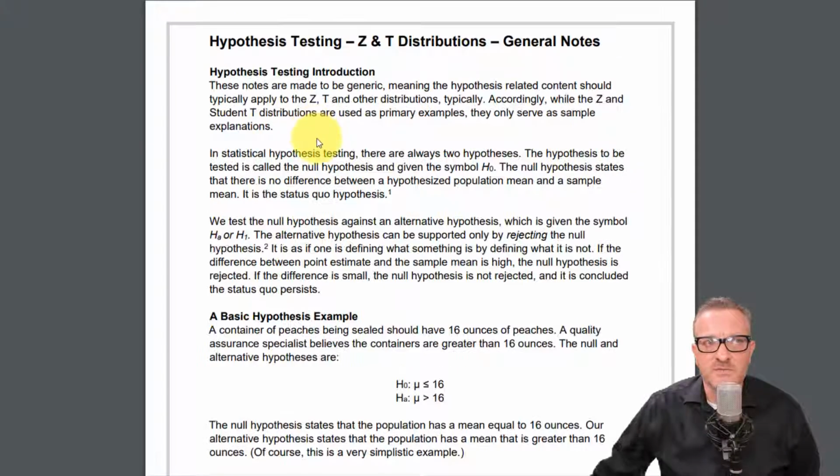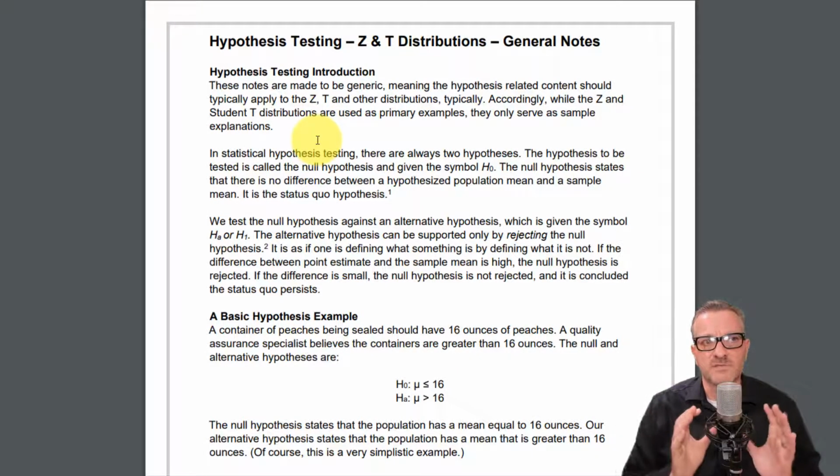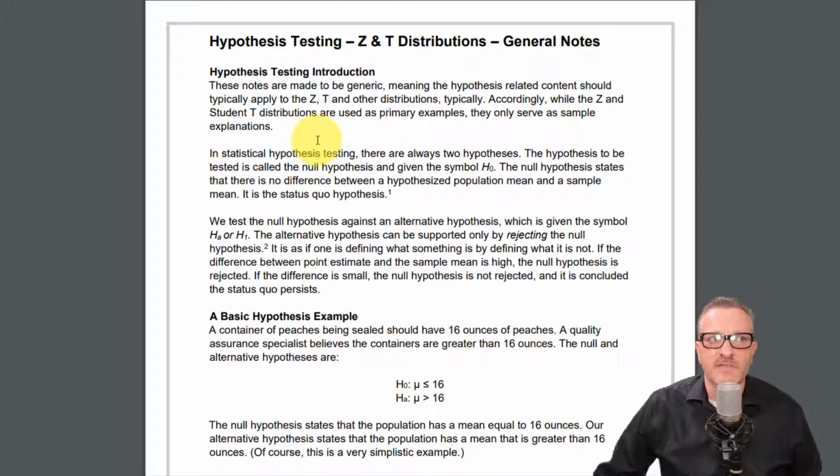So the first part of this, when I go through these notes, I try to make it as generic as possible before we get into the more specific. In the first part, I talk about how these are generic notes in that we use hypothesis testing with Z distribution, T distribution. We'll later use it with ANOVAs, which use an F distribution, and then we will keep going on with that.